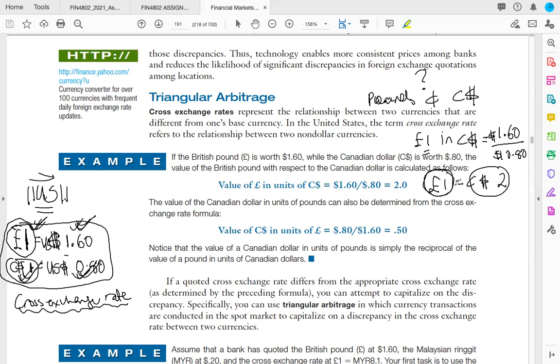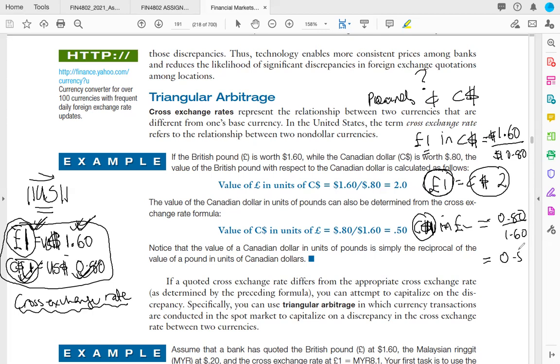We could have done the same if we wanted the value of 1 Canadian dollar as a pound. We would simply take the exchange rate between the Canadian dollar and the US dollar, which is 80 cents, because we have a 1 there, divided by the exchange rate between the pound and the US dollar, which is 1.60.